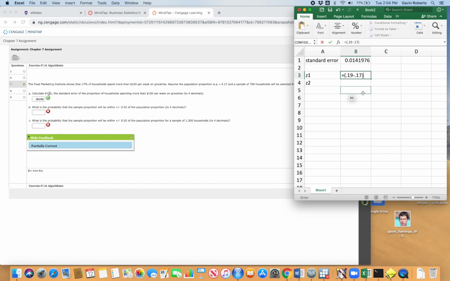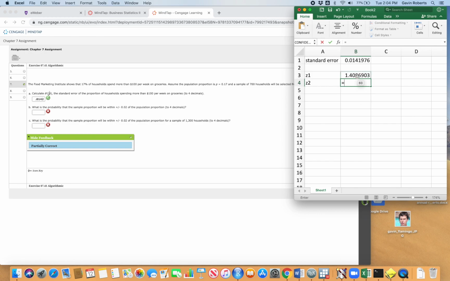Notice that that's just 0.02. So we could actually have just plugged in 0.02 right here. But what this is, is X bar minus mu. Or actually, in this case, it's P bar minus P. Sample proportion minus population proportion. But notice, when they give you that type of problem, that's just going to be 0.02. Divided by the standard error. Enter. There it is.